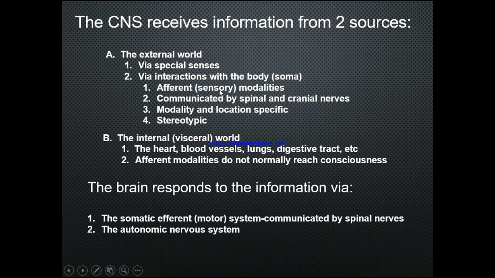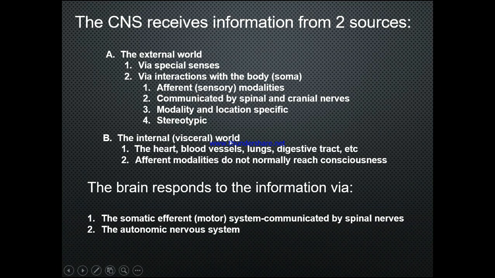So, where does the CNS receive information? Well, it receives it from two sources. We've got the external world around us via special senses, via interactions with the body, or the body known as soma: afferent sensory modalities communicated by the spinal and cranial nerves, modality and location specific and stereotypic.